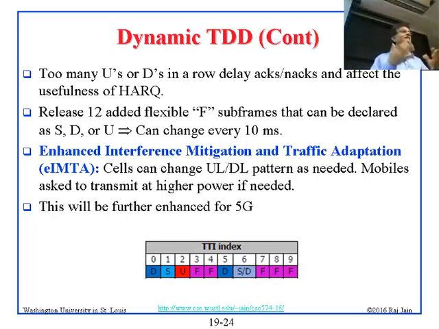And then, because there will be interference, we will have to have some enhanced interference mitigation and traffic adaptation. Basically what that means is that we will have to change the pattern, and then the mobile will be asked to change it. And traffic adaptation simply means that depending upon the upload and download, we will change the U's and D's.